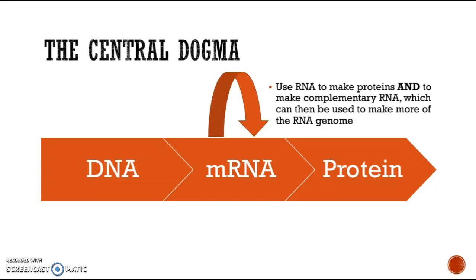In RNA viruses, there are some that are going to be able to use their RNA to make the protein, and they're also going to take the RNA that they came with, make a complementary copy of it, and then use that complementary copy to continue making more and more RNA genomes.